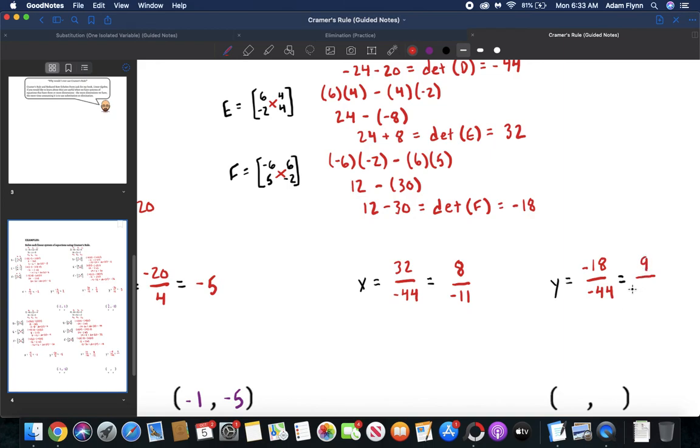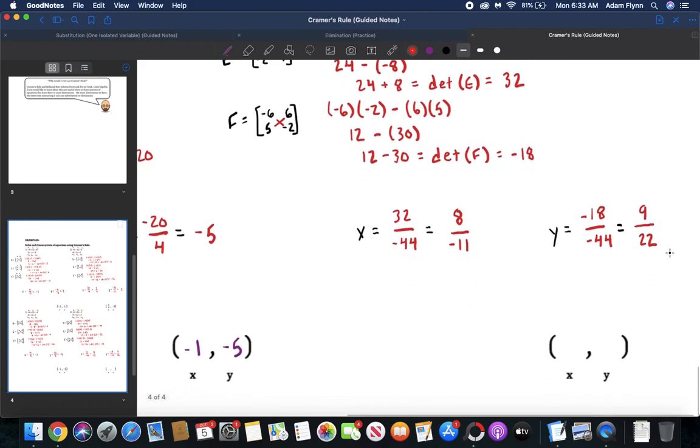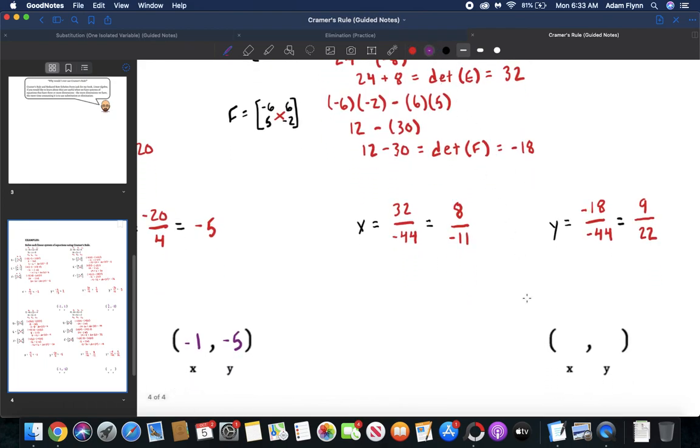If I divide 44 by 2, I'll get 22. So the solution to this system of equations, as ugly as it may be, is going to be negative 8/11 and 9/22.